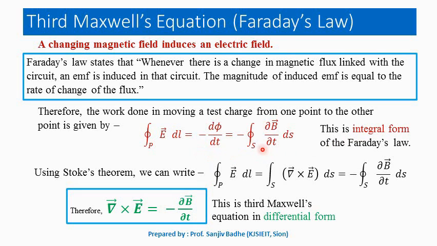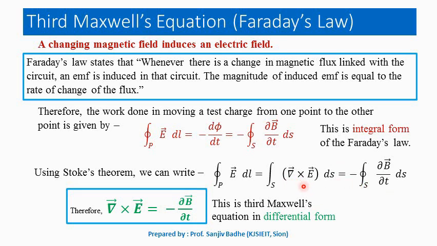Now here we will use Stokes theorem to write this line integral as surface integral of curl of E bar. So using Stokes theorem, we can replace this line integral of E bar over the curve to be equal to surface integral of curl of E bar, and now we can write this surface integral of curl of E bar ds to be equal to minus surface integral of dB by dt.